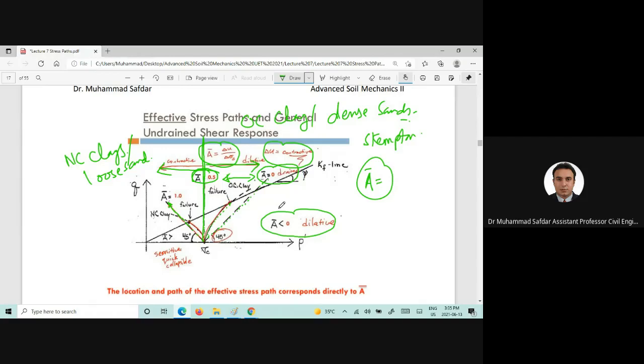Yeah, negative one is also here. So if it's heavily over consolidated clays, here we will find the negative A bar, which means that it will reach a significant KF line, or even if it won't reach that failure line as well.